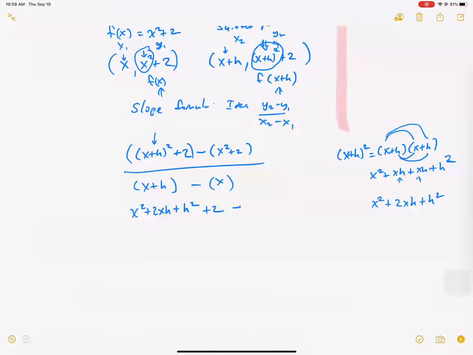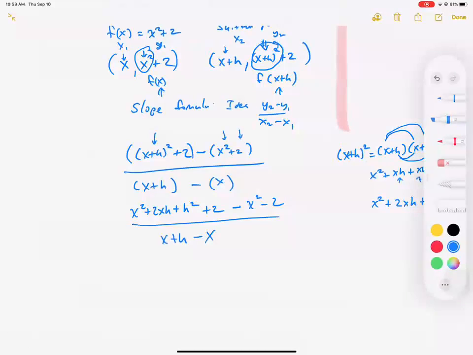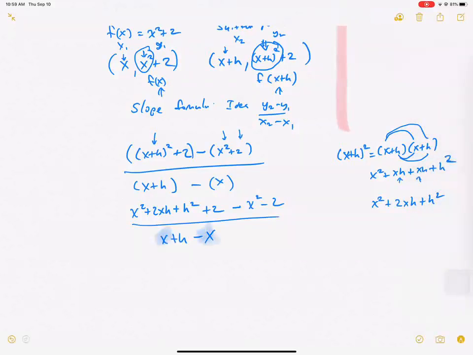We're going to subtract, distribute the negative, x squared minus 2, all divided by x plus h minus x. I want you to notice the bottom is always going to simplify out to h. So we're going to stop writing that next time and just write h on the bottom to save time.